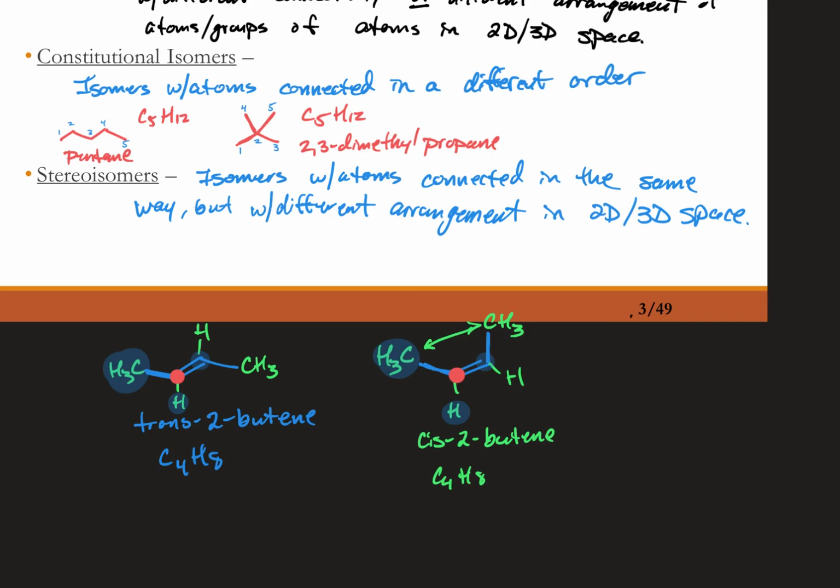In the same vein, I'll make it green now, that one on the right of the double bond. That green carbon in both structures is bonded to a hydrogen, a methyl group, and the red carbon. So connectively or constitutionally they're the same, but in 2D space they're different.